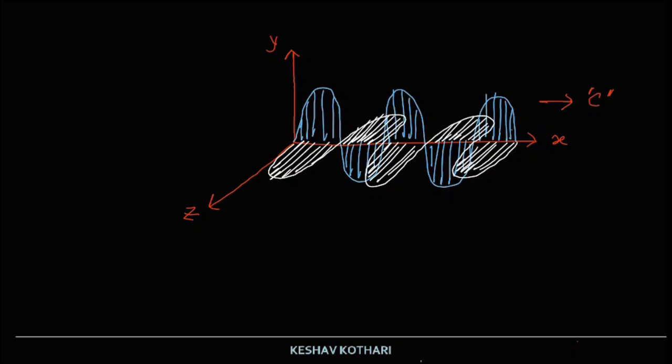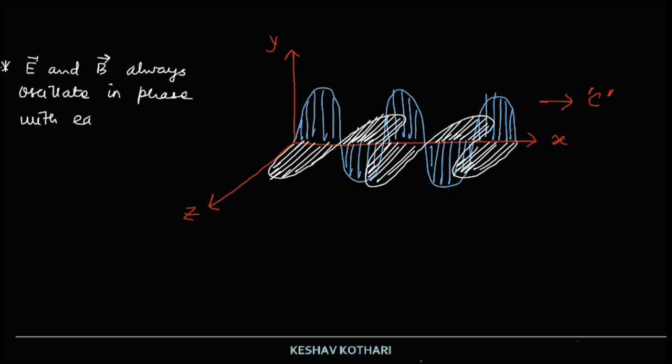So the points which we are establishing over here: the first one is that the electric field vector and magnetic field vector always oscillate in phase with each other.